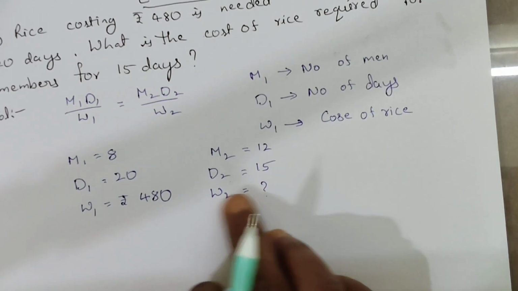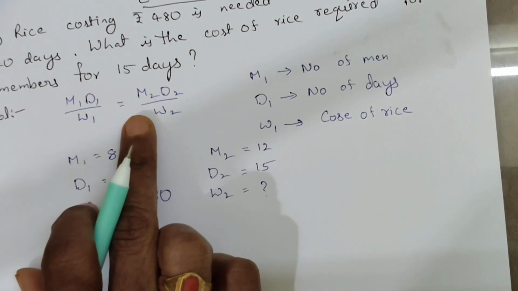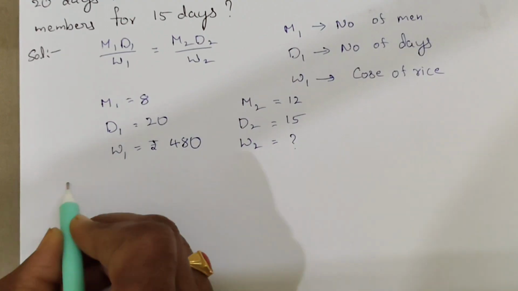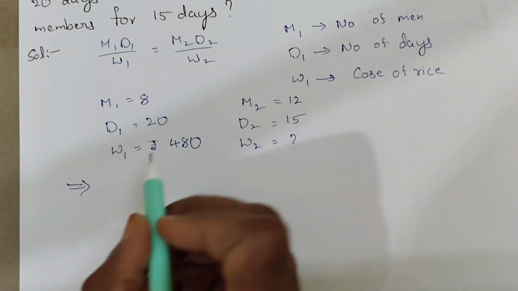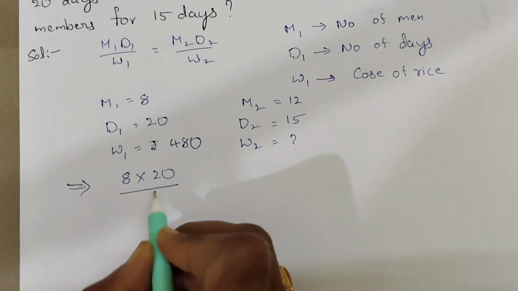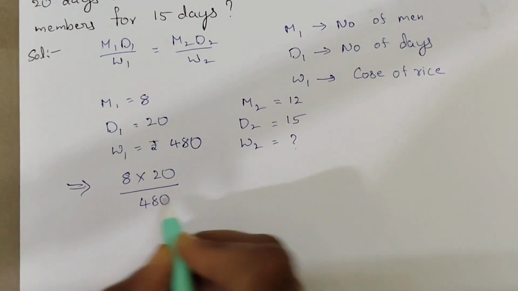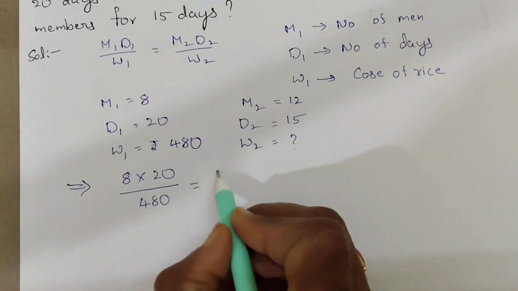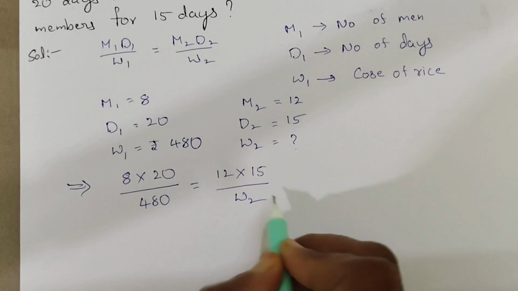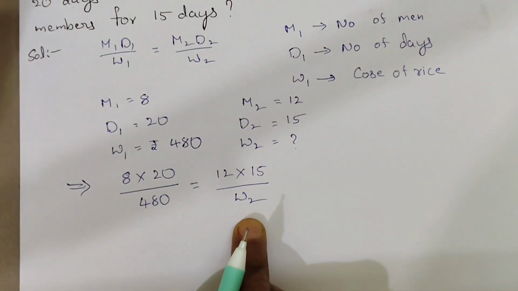Now we substitute these values in this ratio and find the W2 value. M1 equal to 8, D1 equal to 20, W1 equal to 480, equal to M2 equal to 12, D2 equal to 15, by W2. So we write W2 like this.